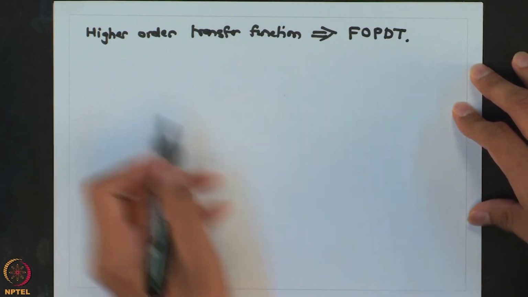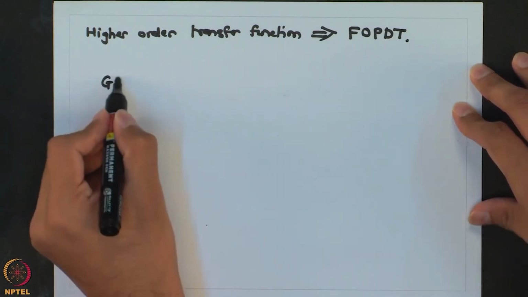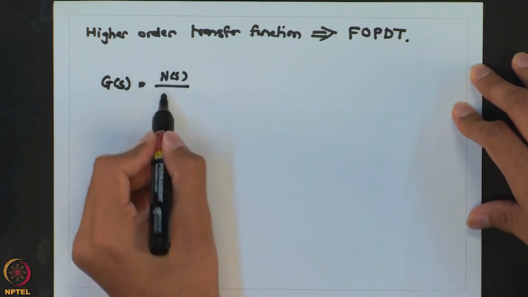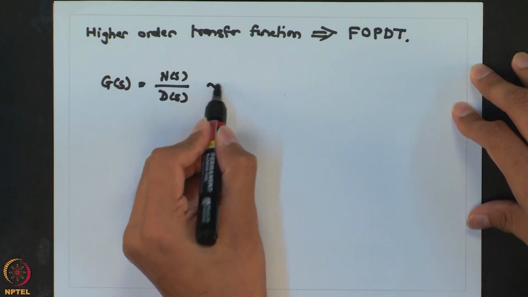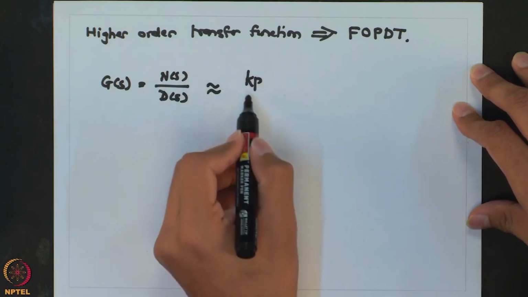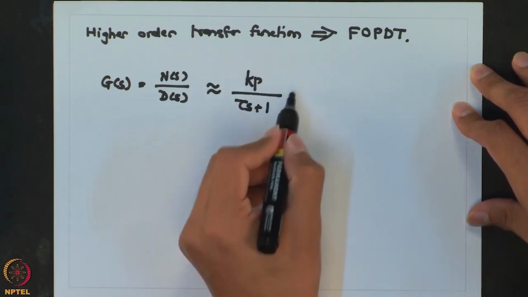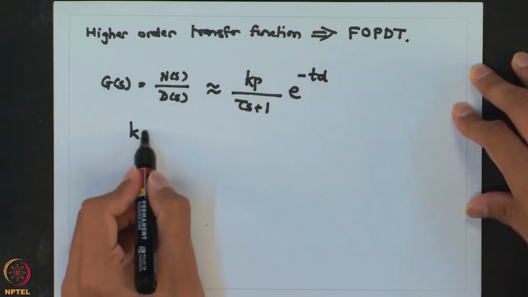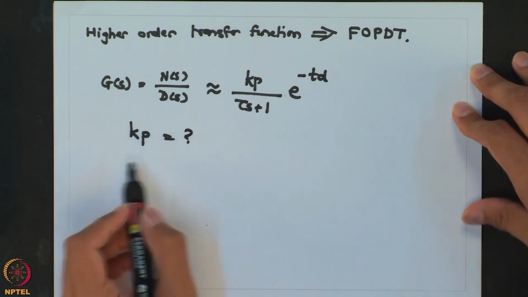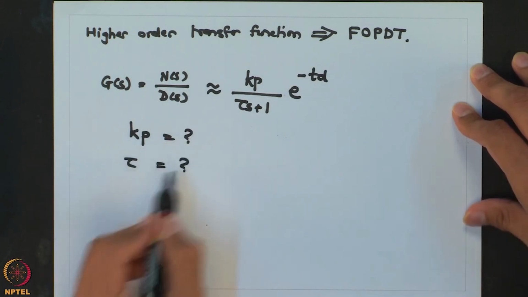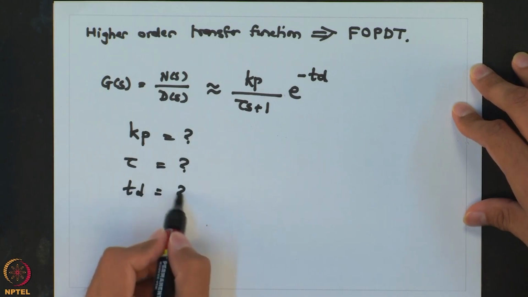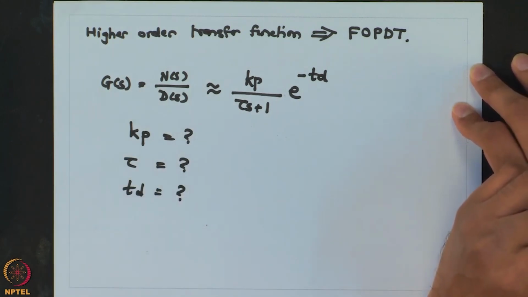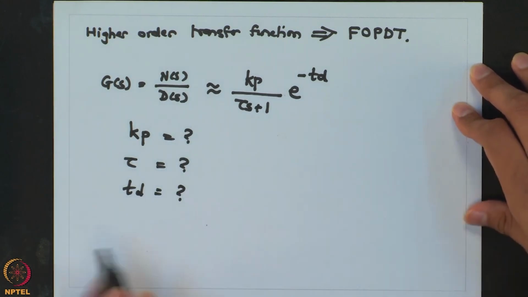So what we are essentially doing is converting this as Kp over tau s plus 1 e raised to minus Td. So we need three unknowns. What is the ultimate gain? What is this time constant, and what is the dead time, given the fact that we have the transfer function for this process.